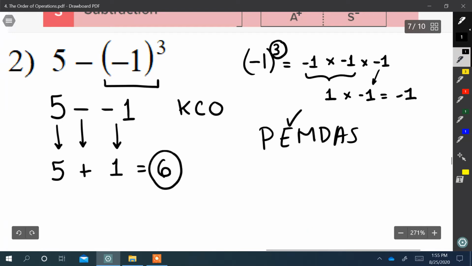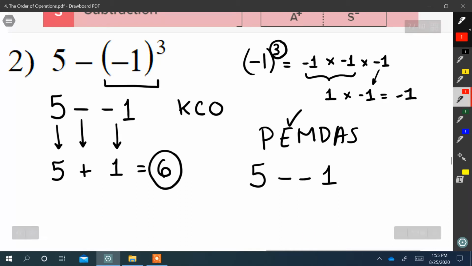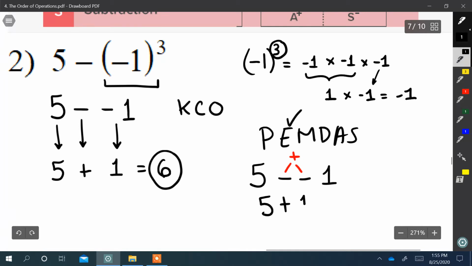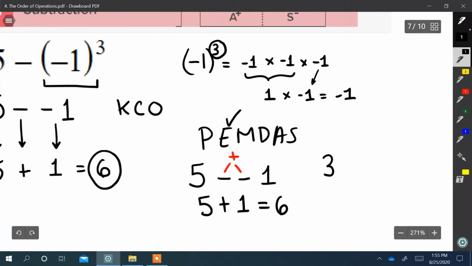Now a little trick that I want to show you guys is, something that some teachers do: if I see two negative signs like that, we turn them into a positive, and it turns into 5 plus 1, 6. For example, if I have 3 minus negative 7, then I turn those into a positive, and I have 3 plus 7, and that will give me 10.